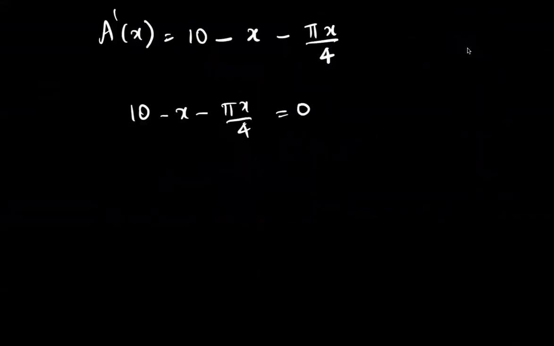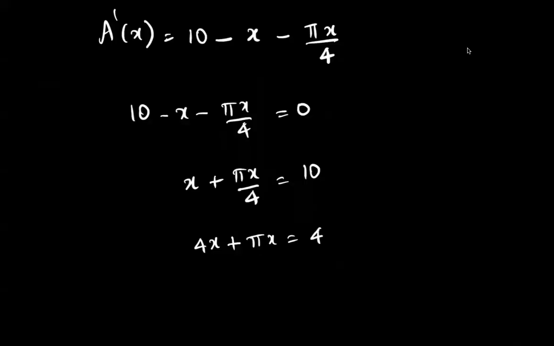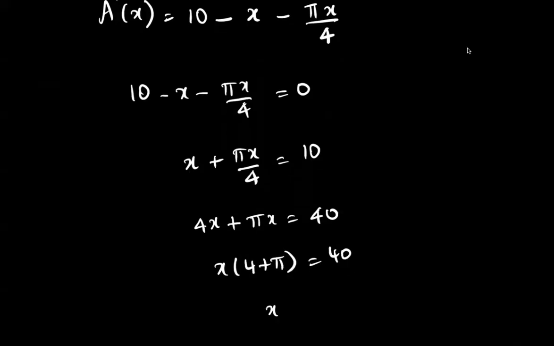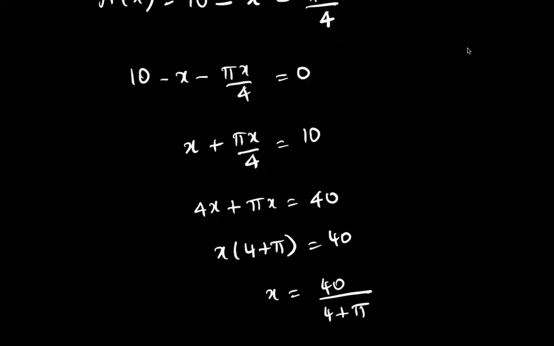So basically what I have is x plus pi x over 4 is 10. So 4x plus pi x is 40, right? So x times 4 plus pi is 40, which means x is 40 over 4 plus pi. This is my critical value. Is that correct?